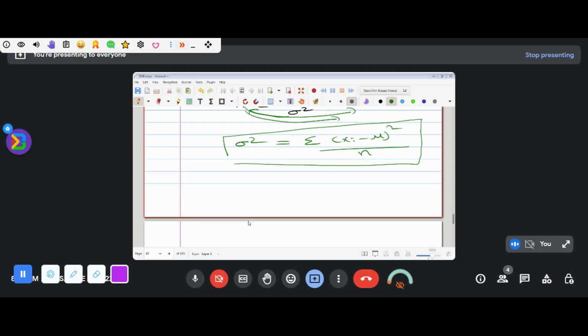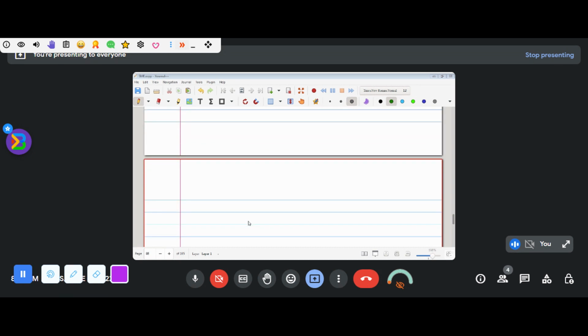Similarly, we can find the third one. The third one is very easy. The first part is, what is the mu value? Mu equals summation x by n, that is equal to x bar, because for a normal distribution the mean value is x bar only.